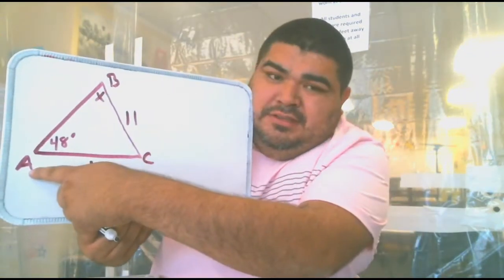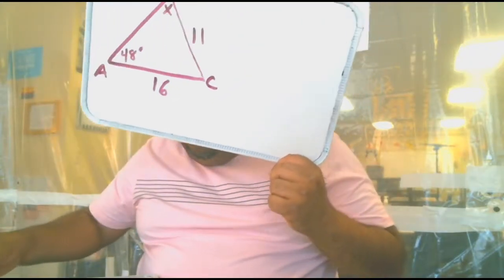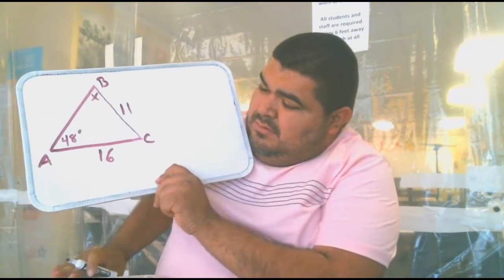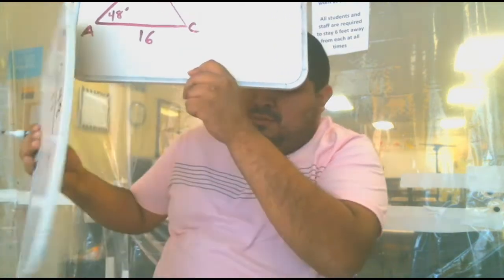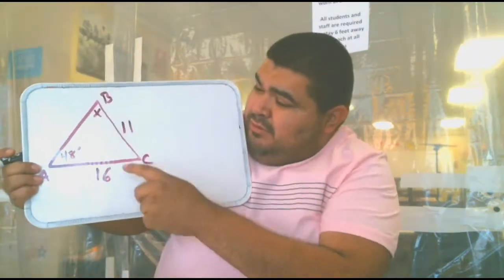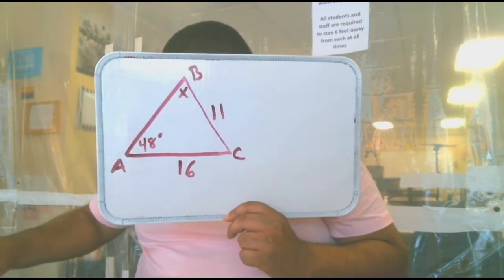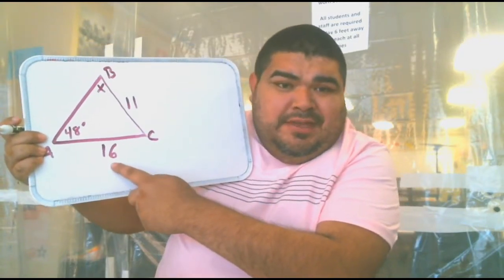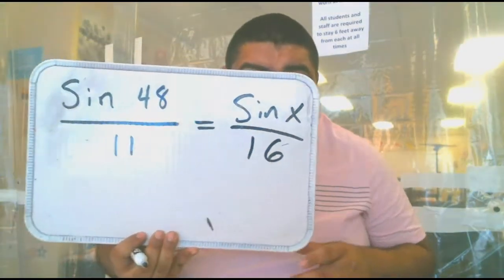Remember, across from uppercase is lowercase, so in this case it is 11, equals, okay, so far we have sine of 48 over 11 equals, we're going to choose B, so sine of x, because we don't know what that is, sine of x over 16, because we have that lowercase b, 16. So our problem should look something like this.